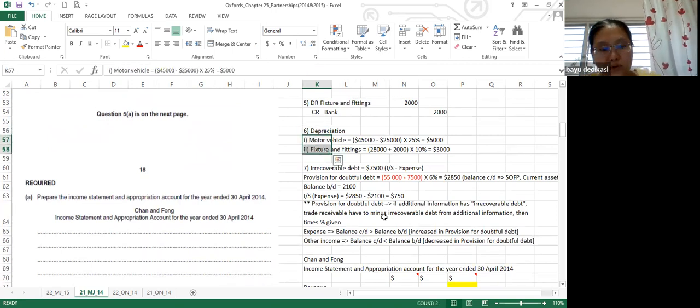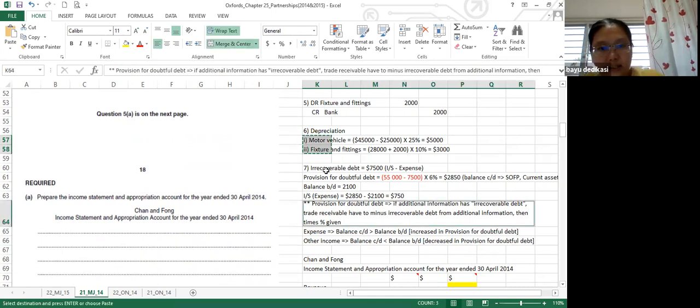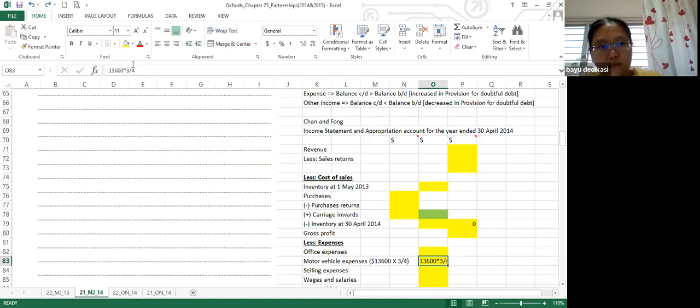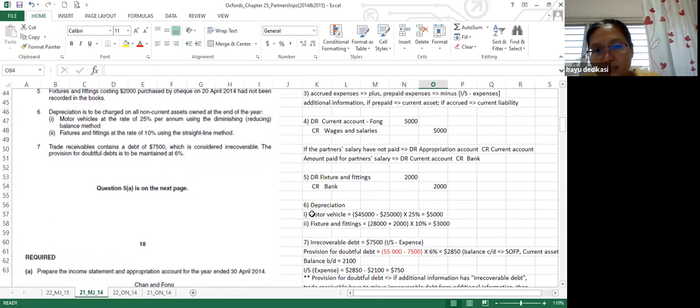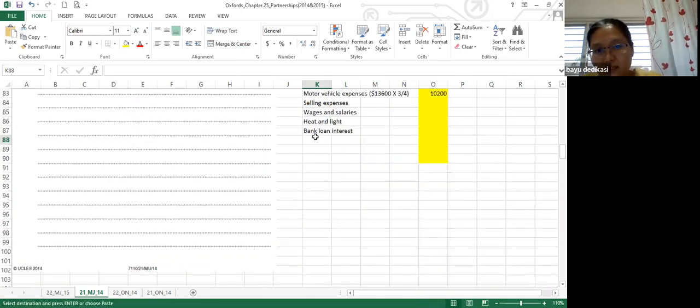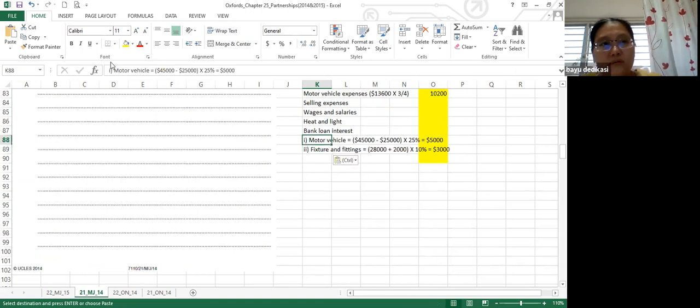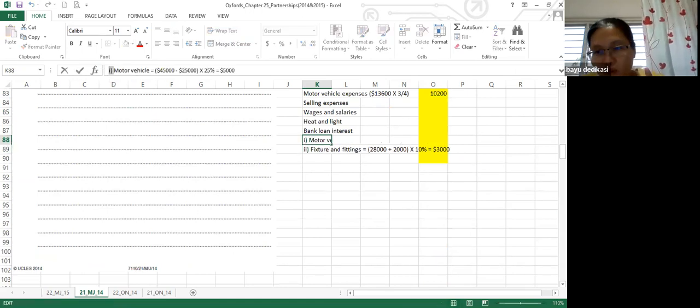So now what I'm going to do is, since I calculated it here already, since my depreciation is already calculated, I want to save time, so I just put it in here. And don't write provision.